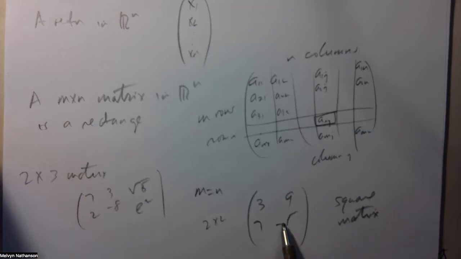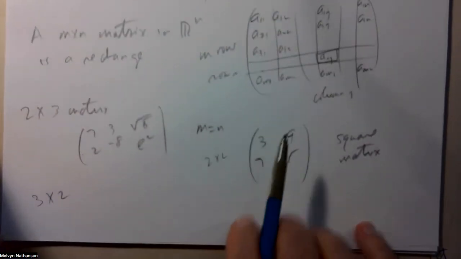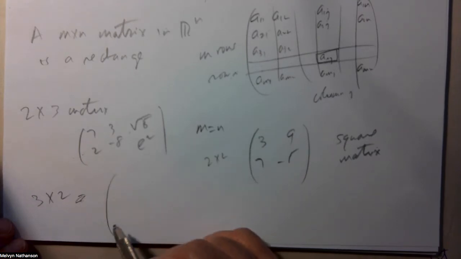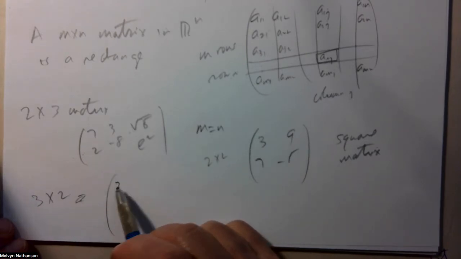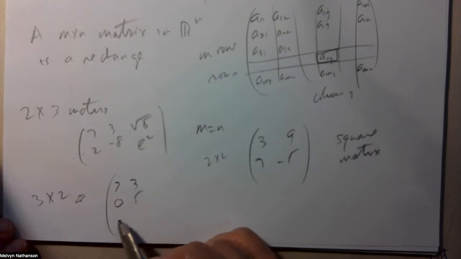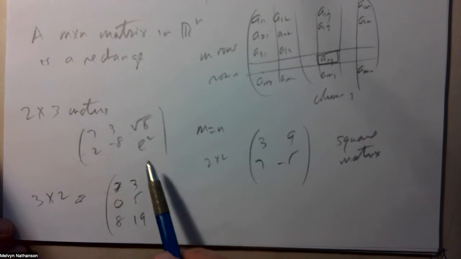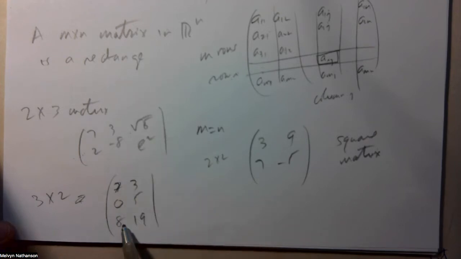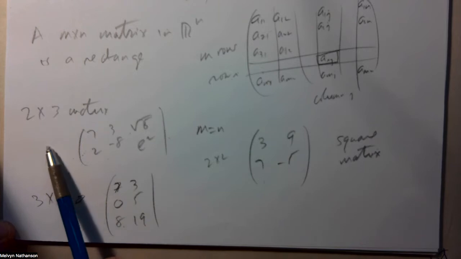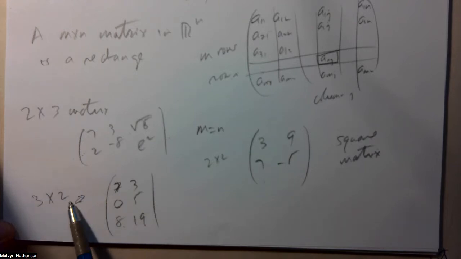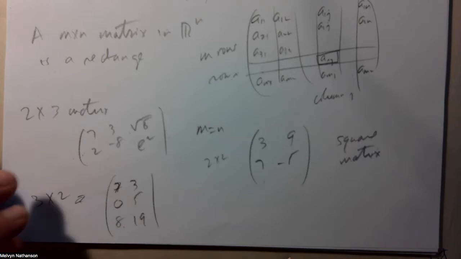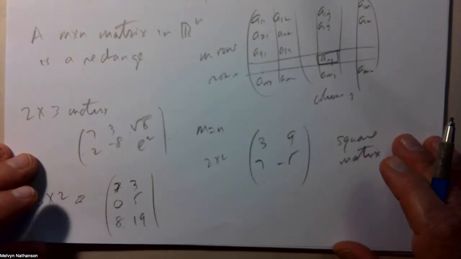A 3 by 2 matrix would have 3 rows and 2 columns. The first number is always the number of rows. The second number is always the number of columns. So it's just some numbers, no big deal.